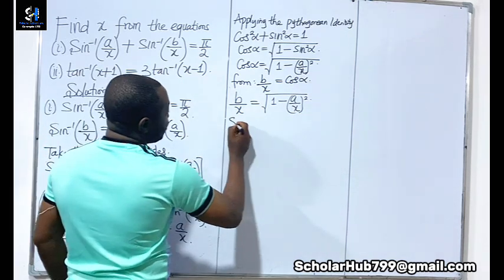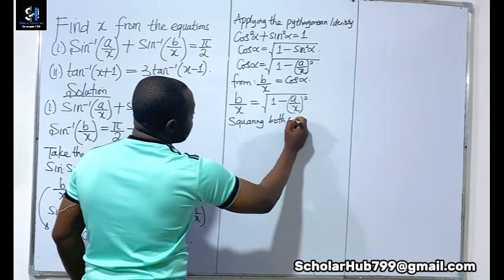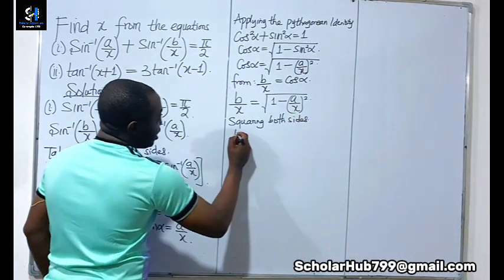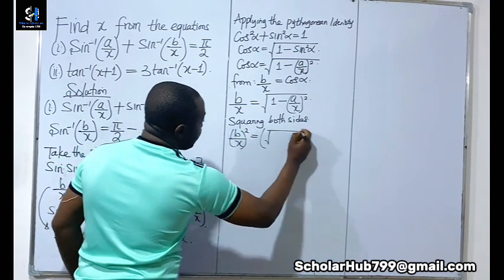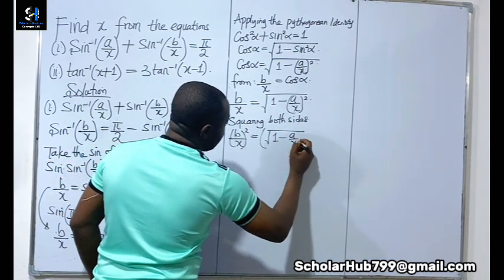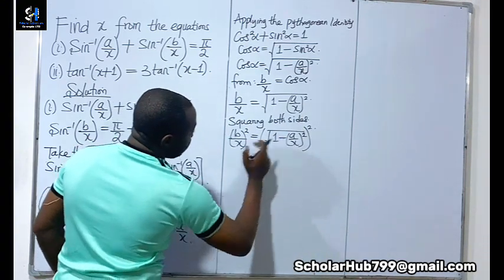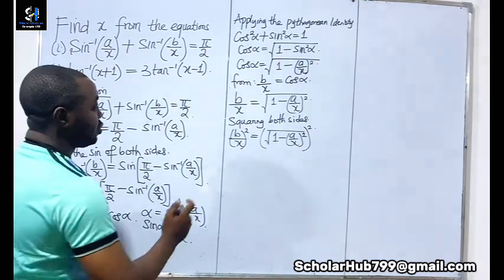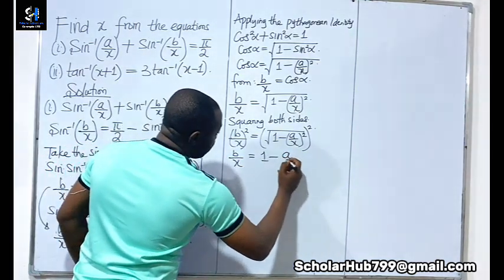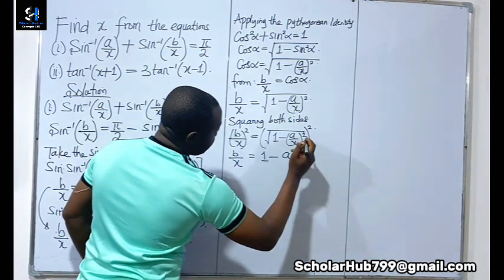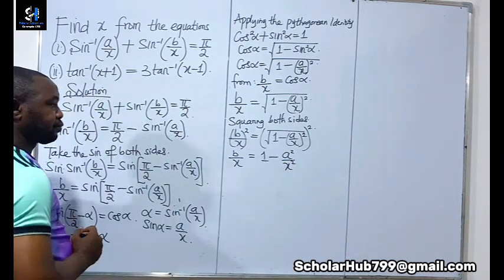By squaring both sides, we get b over x squared equals 1 minus a squared over x squared.